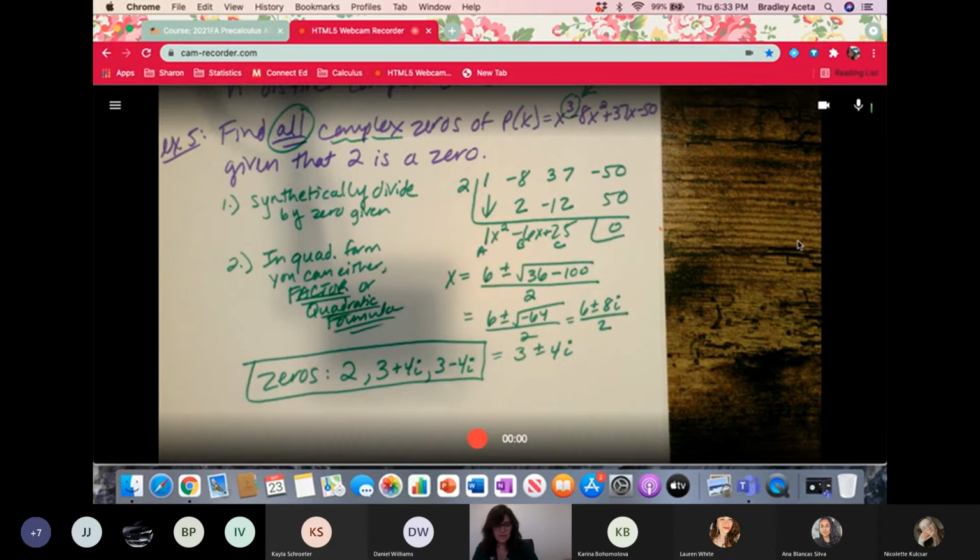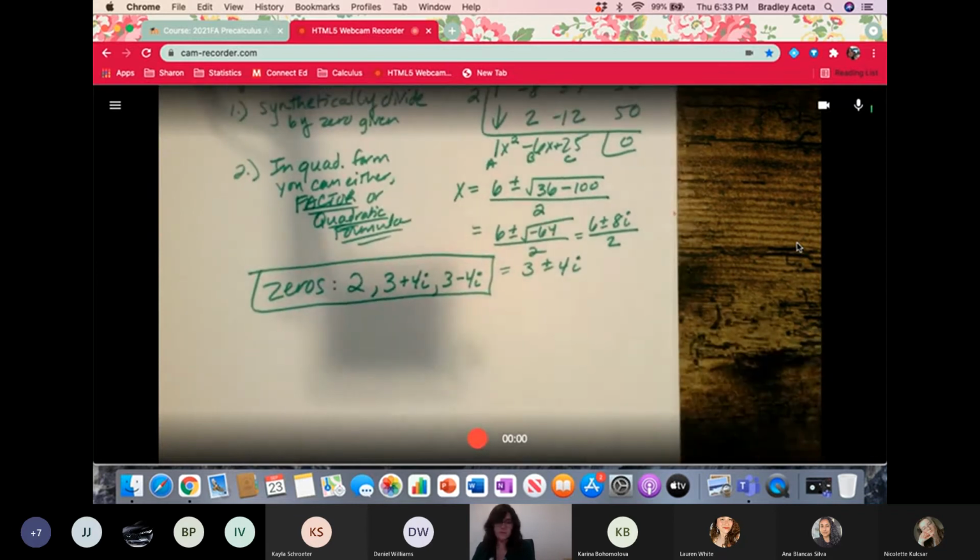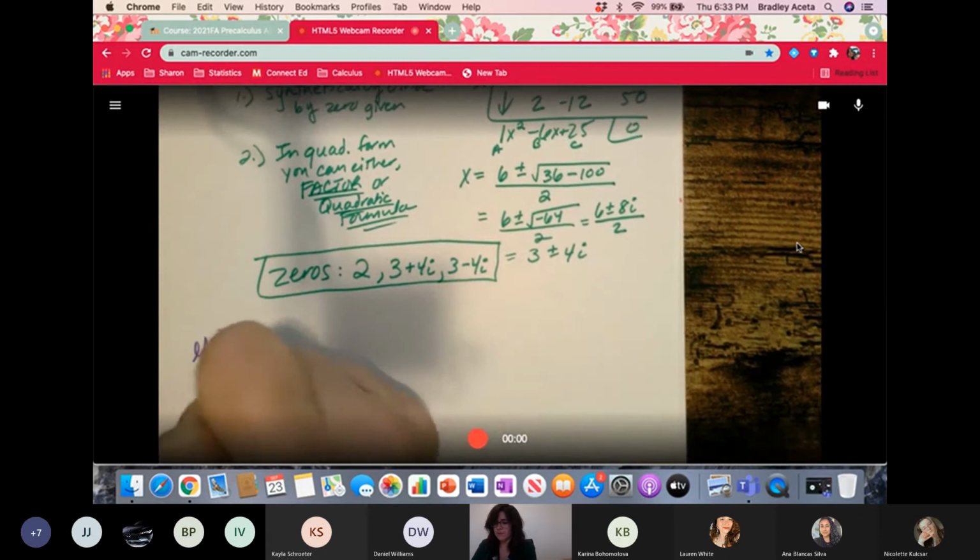All right, and then I'm going to do 2 more examples and then we'll take a break. So I know this is a lot of fun right now. I'm going to show you this one because this one's pretty quick and easy.